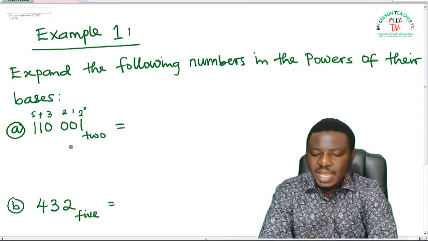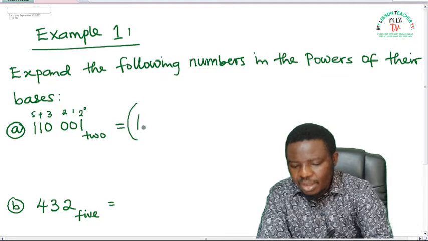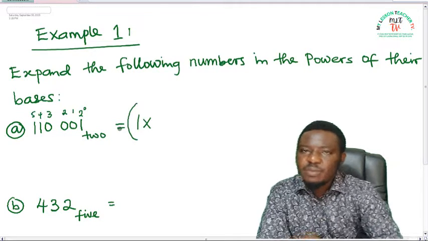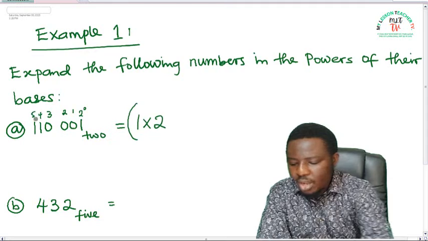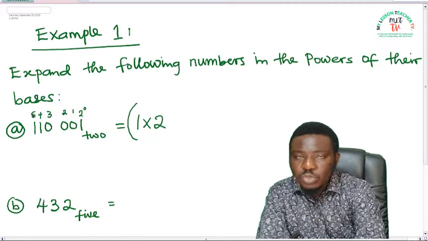So in expanding this, what you will do is to pick the number times the value of the place number, which is 2 raised to the power. You start from your left. This is occupying the place value of 2 raised to the power 5.